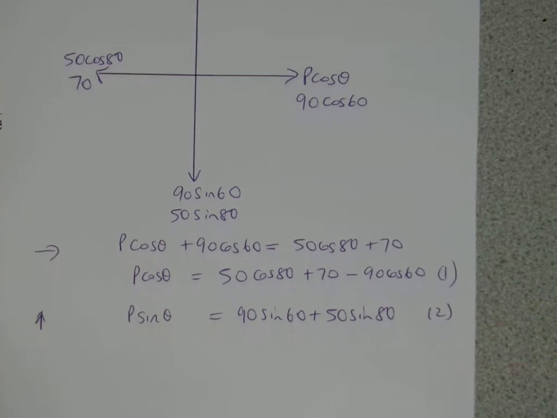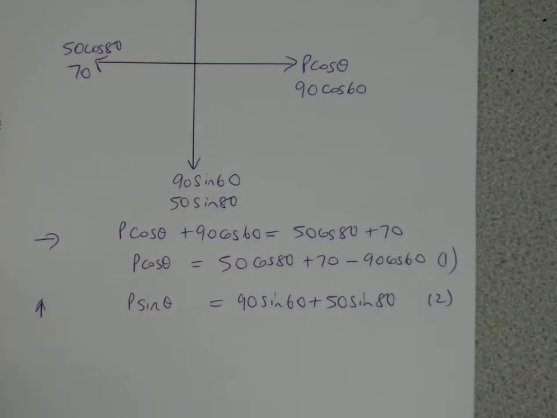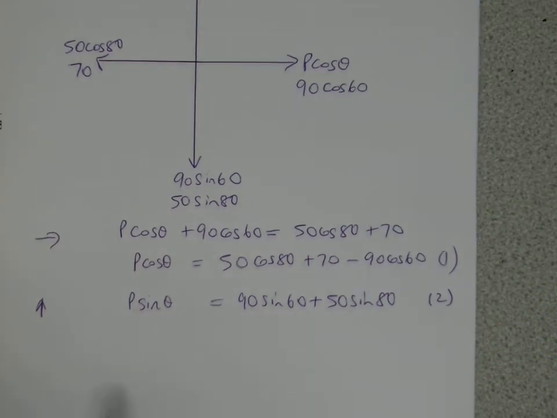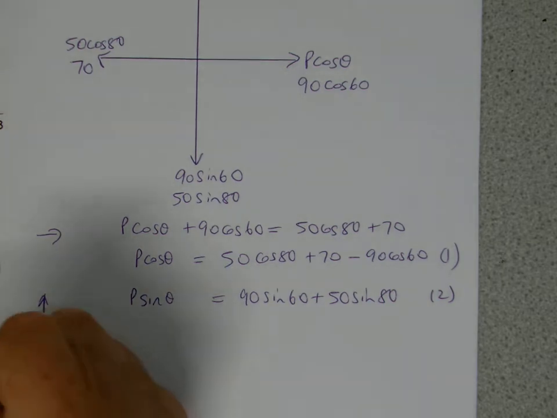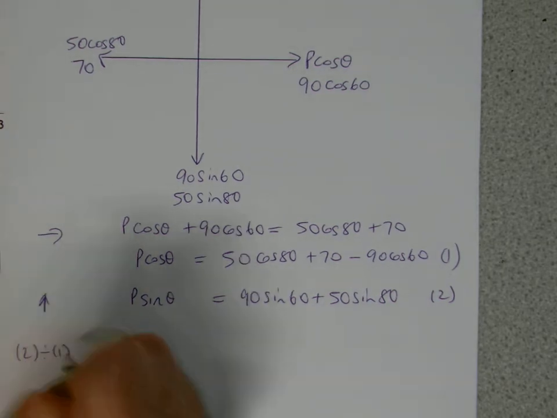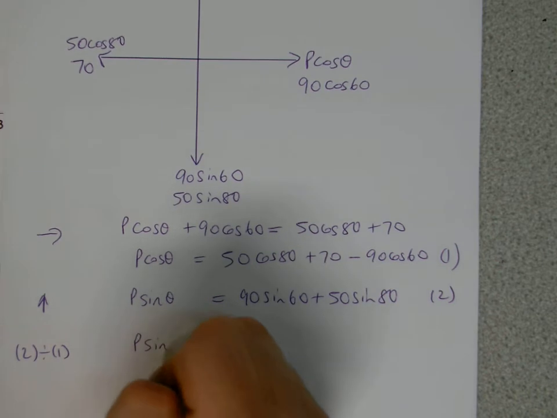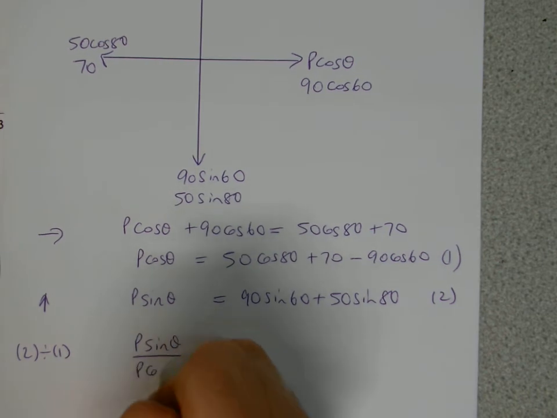Now what's good about this is if I divide, I can get the angle theta. That's how you get the angle in these types of questions, because you've got P cos theta and P sine theta isolated. If I do 2 divided by 1, I'd have P sine theta divided by P cos theta.